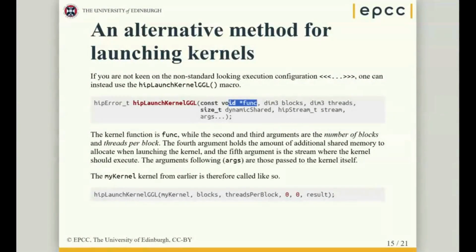So here I will specify the function, the dimension, the threads, and the size. I will specify everything that has been specified before when we use the other way of launching a kernel.